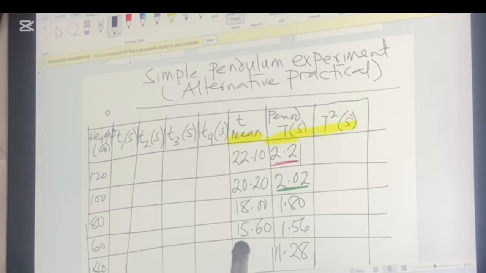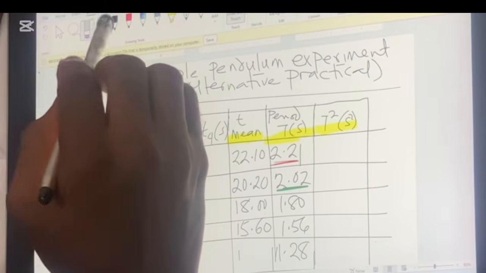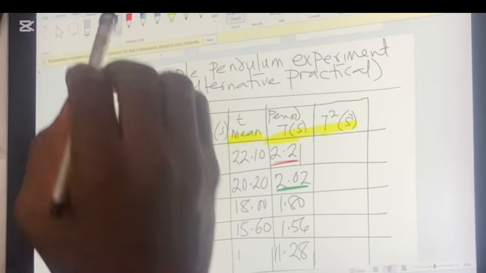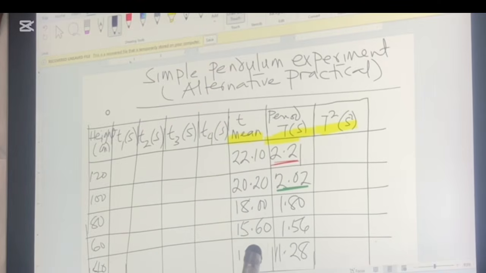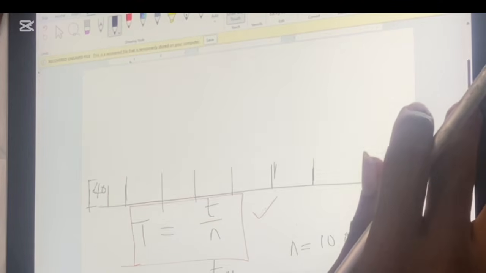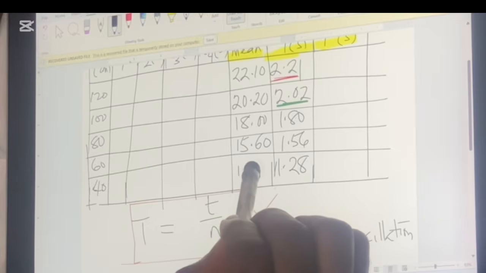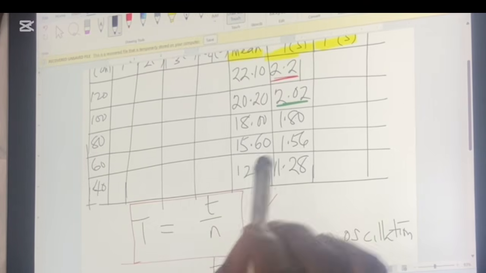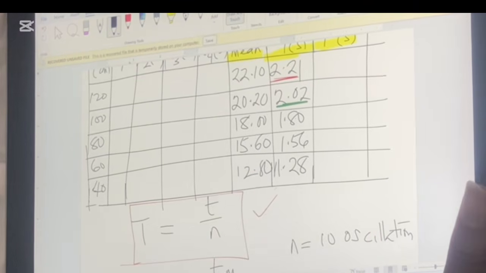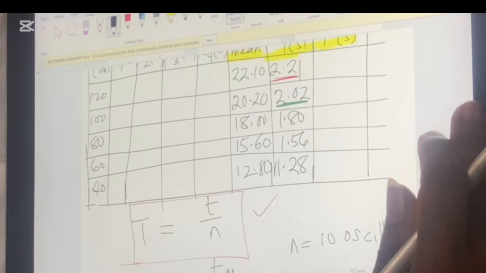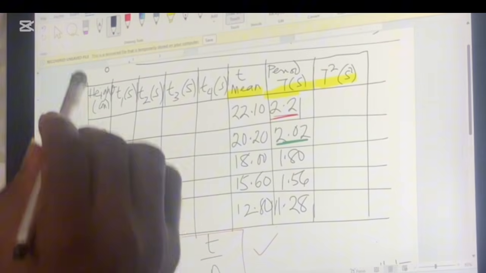This one will be 12.80. Okay, so the next one here, class, is to calculate for T1.